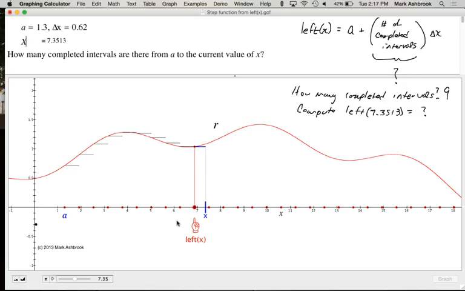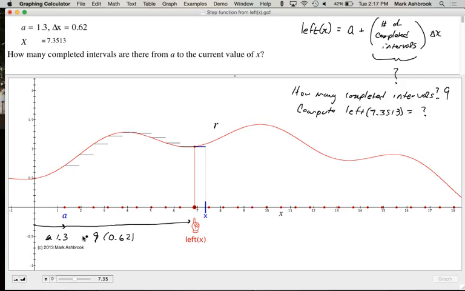To get to that x value right there with the finger pointing at it, we're going to go over A first, and then we know it's 9 intervals, and each interval is how wide? 9 widths of 0.62 across there, plus A, which is 1.3.